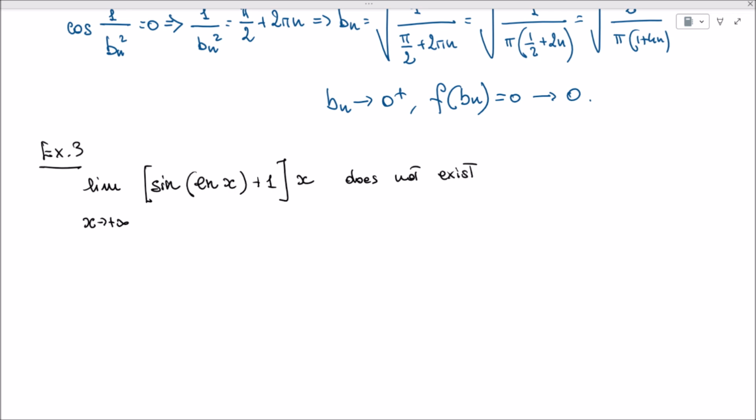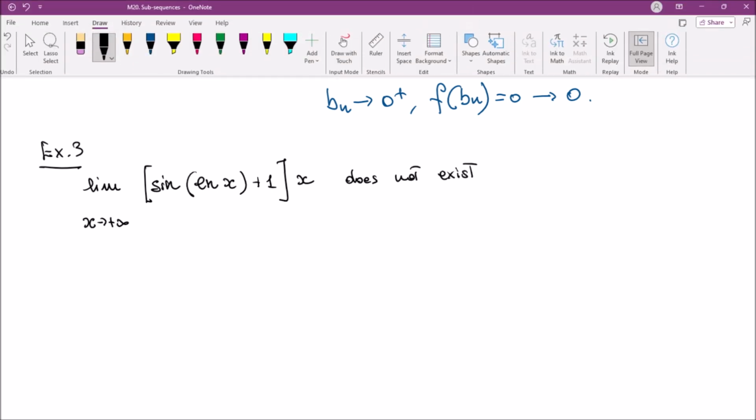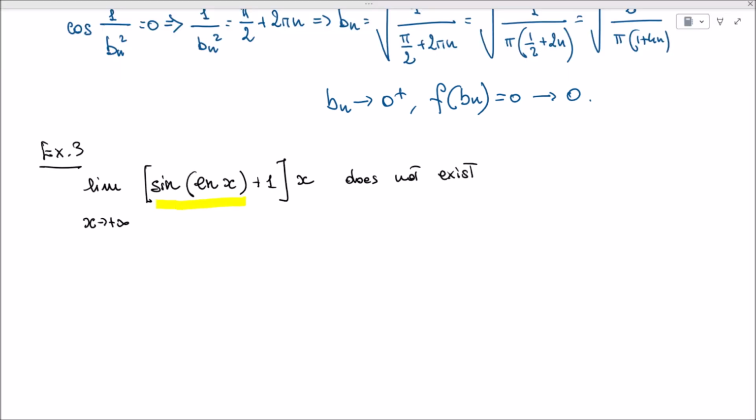Okay, now how can we see this? Well, we immediately realize that if we make this sine equal to 0, we have a function that will diverge to plus infinity, because if the sine is equal to 0, we just have the limit of x as x goes to plus infinity, which is clearly something that will diverge to plus infinity.